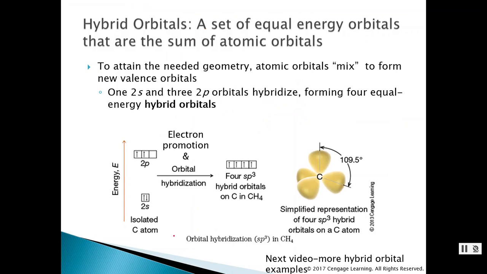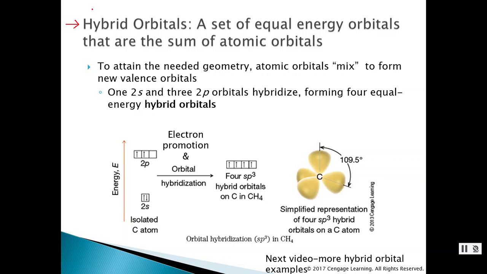What does all that mean? Let's go back to good old methane to show an example of hybrid orbitals. The definition of a hybrid orbital is an orbital that results from the sum of the atomic orbitals.